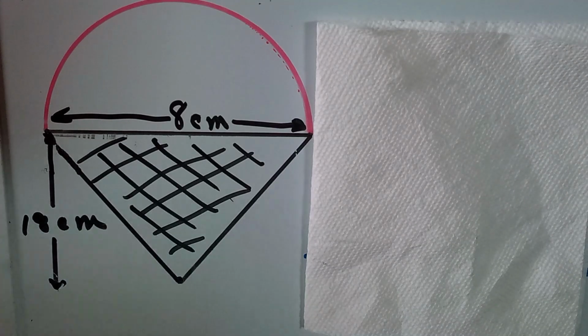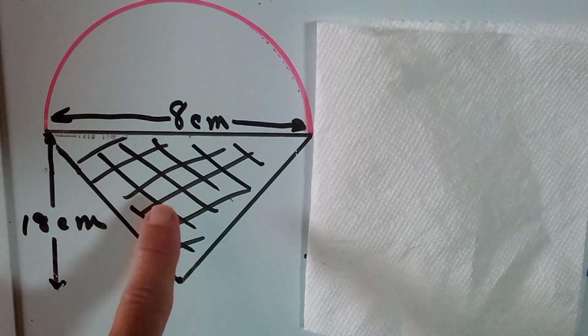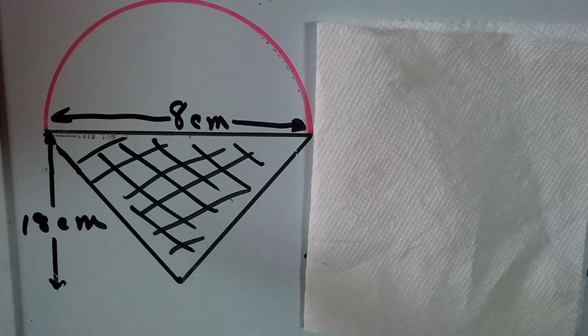So in this case, we're doing a percentage problem. Just off the top of my head, it looks like it's going to be the percent of ice cream that fills the cone. That's basically what the problem said.